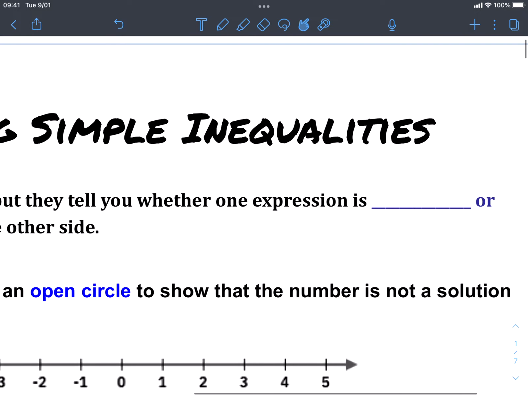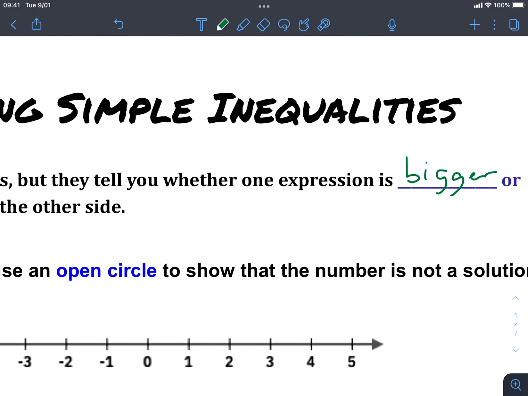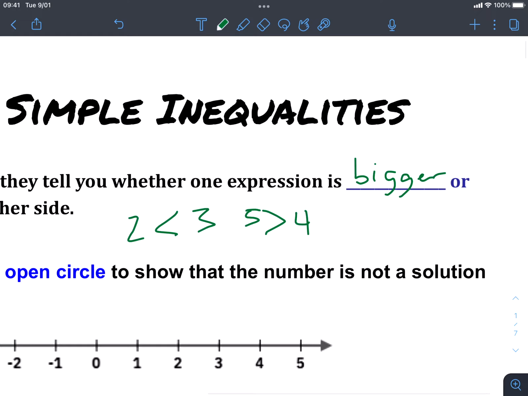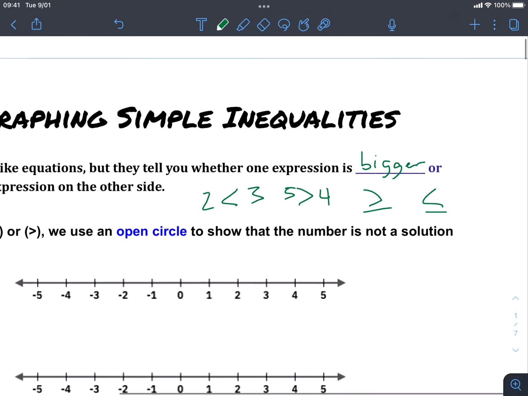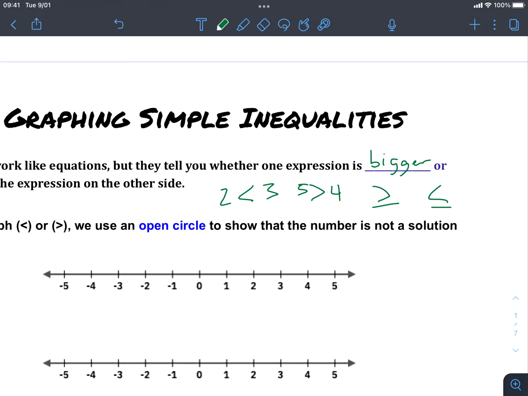So it's just a comparison of two things, like less than: 2 is less than 3, greater than: 5 is greater than 4. Greater than or equal to, less than or equal to. These are all inequalities because they're saying that things aren't equal. One's bigger or smaller than the other.